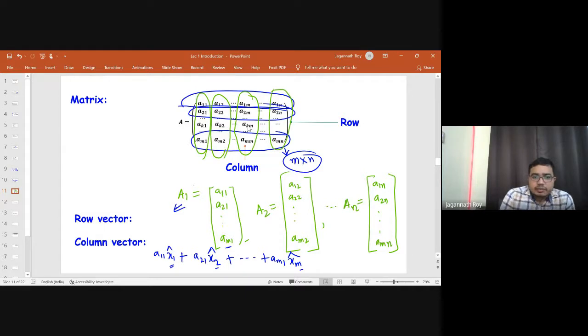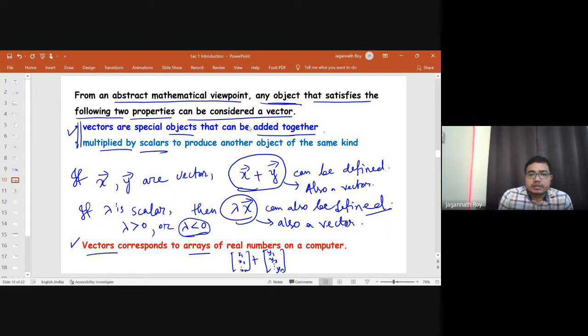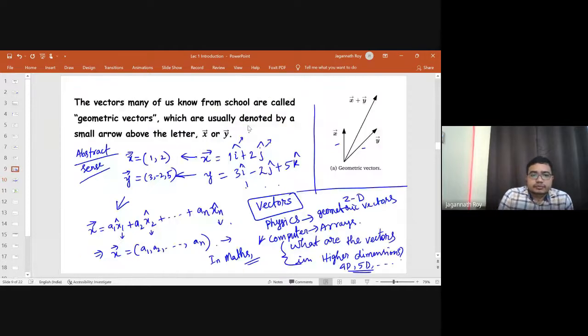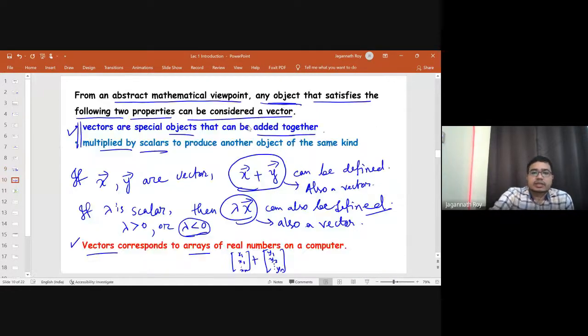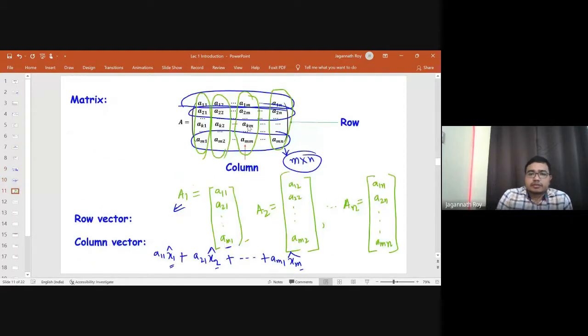Then this is a vector, if you remember. If you write it horizontally, we call it a row vector. And if you write it vertically, then you will get a column vector. So these are very close to a row and column of a matrix.